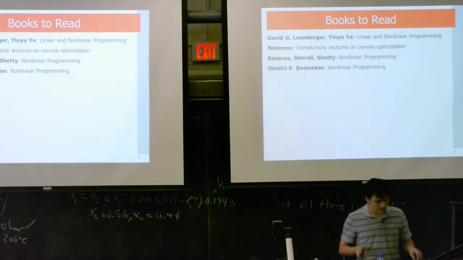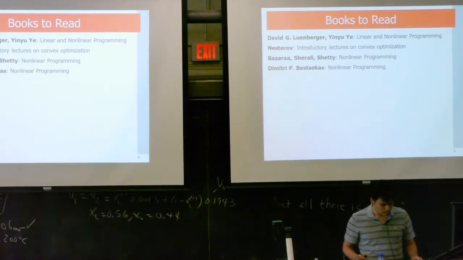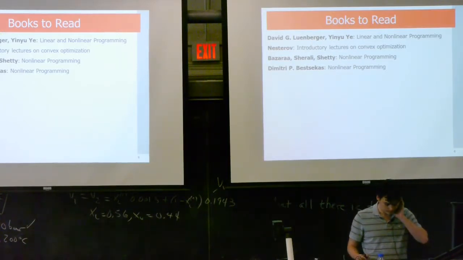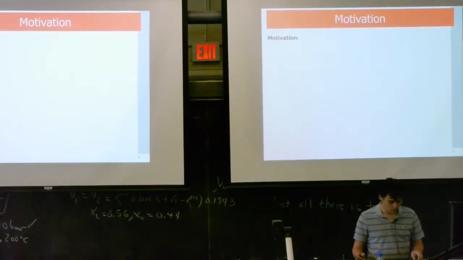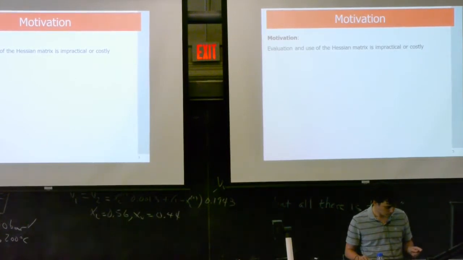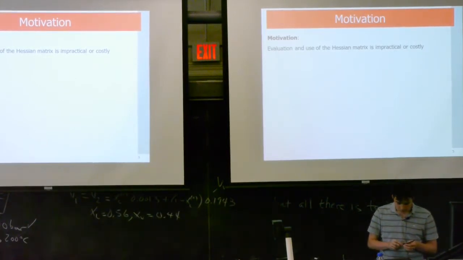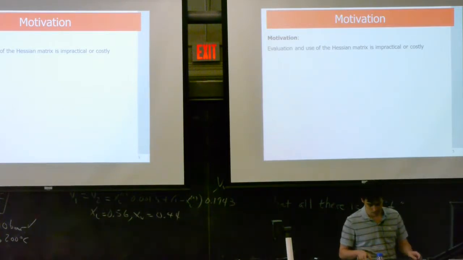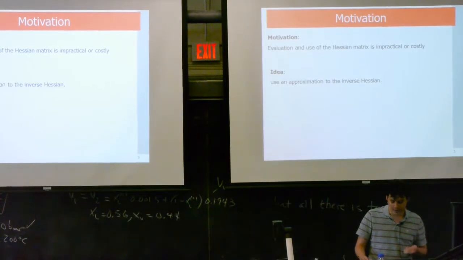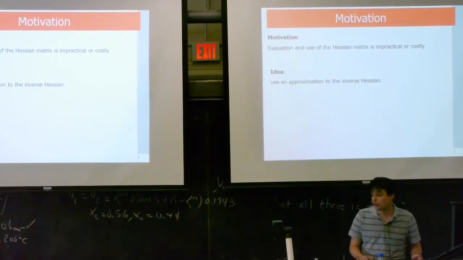Okay, if you want to read more about this topic, here are a couple of books that you can look at. So here is the motivation why we want to do this. As we discussed, calculating the Hessian might be very difficult and costly. So the idea is that instead of calculating the Hessian, we want to approximate it.